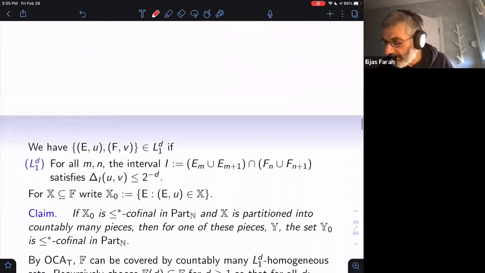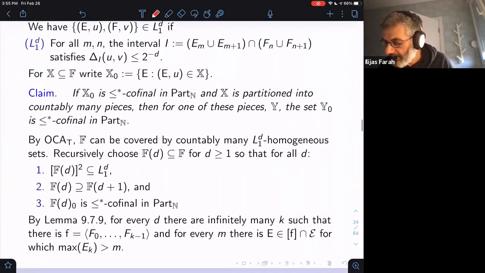Let me see, I think it is, right. So it's here, it's lemma 979. So for every d, we can find, and even infinitely many such cases. This is important. So K is the length of the sequence. Why infinitely many? Well, the lemma was saying even more.